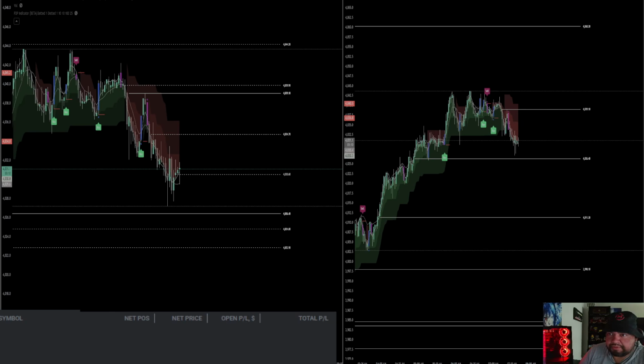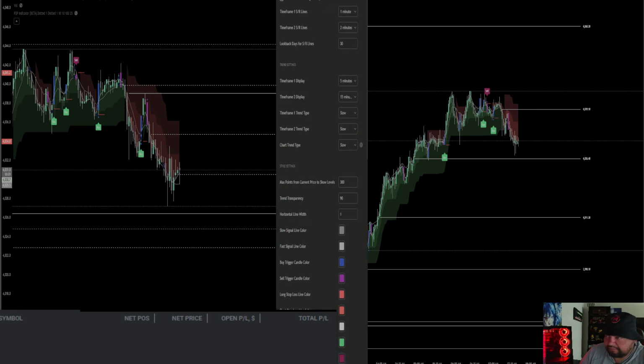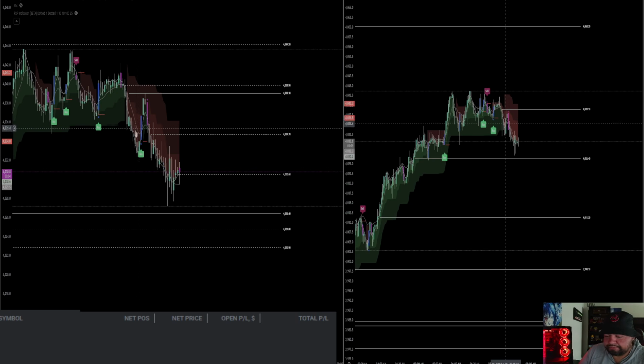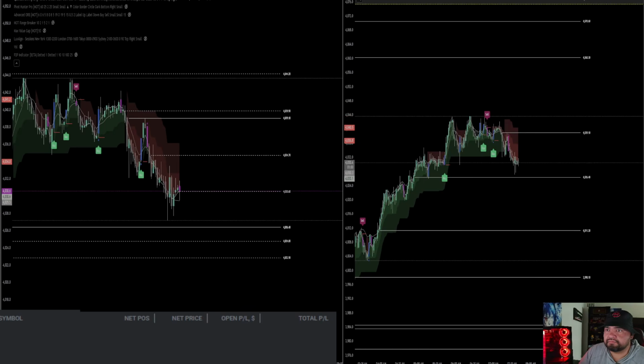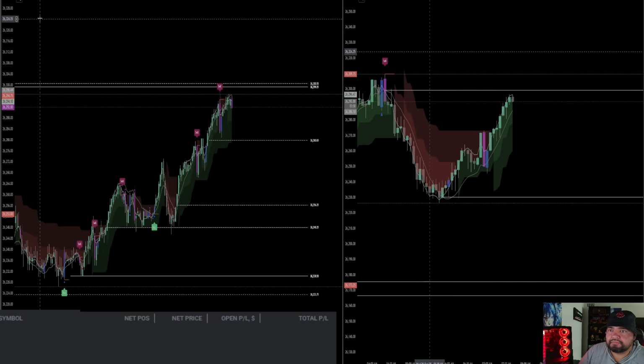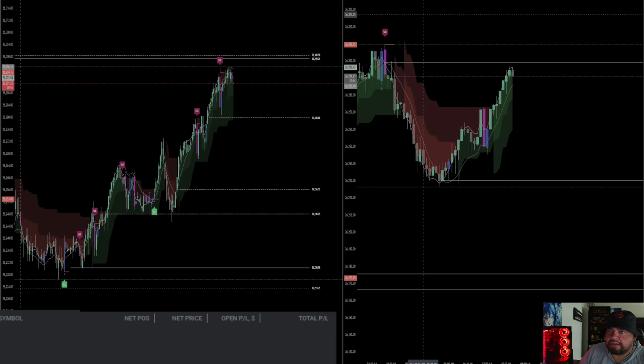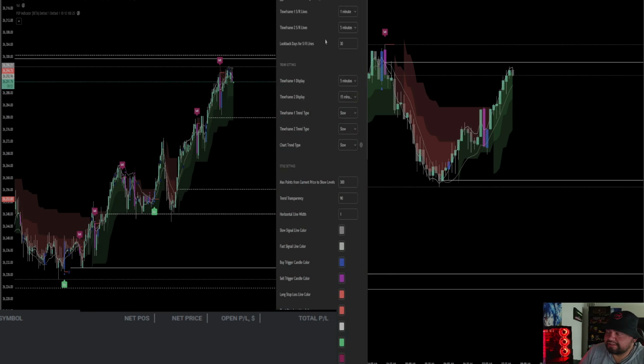I don't know if we pushed that out yet or not, but if we haven't, we definitely will. For NQ, let's go to NQ. The only difference you want to have is that time frame 2 SR should be the 5 minute.